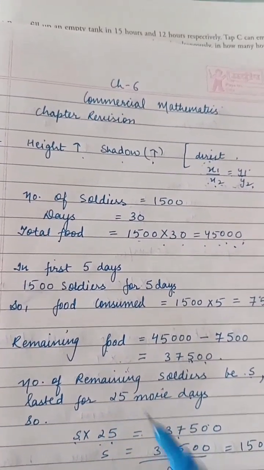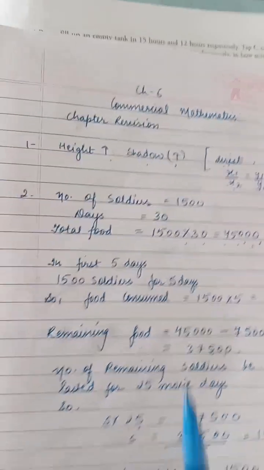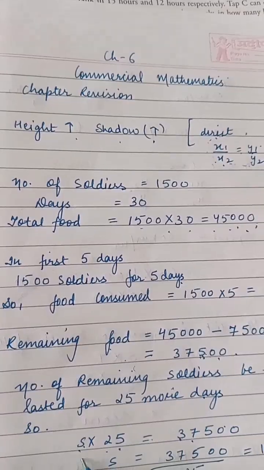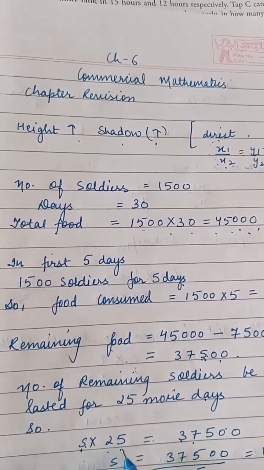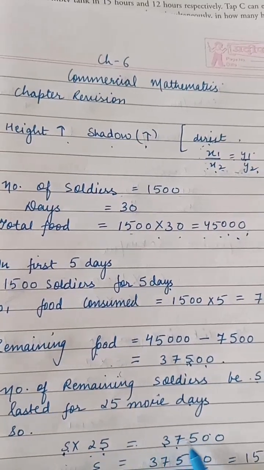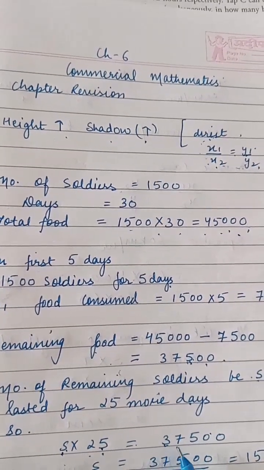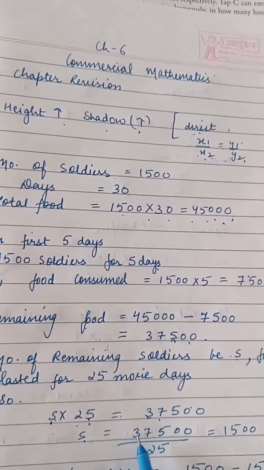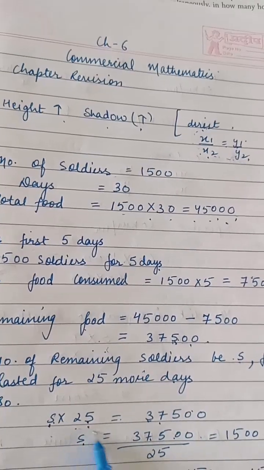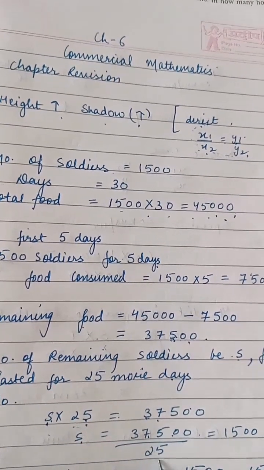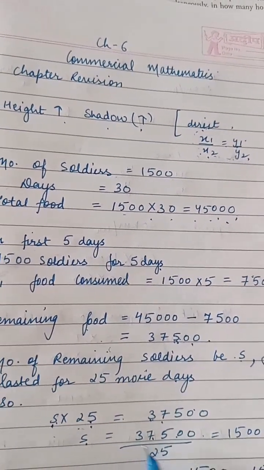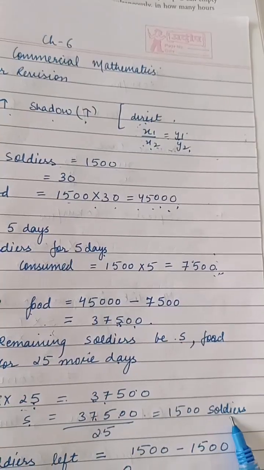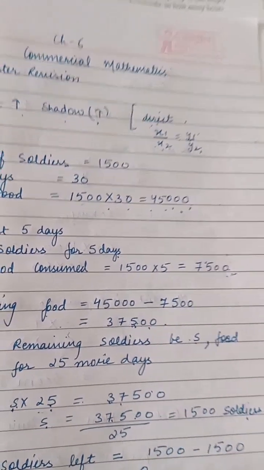So S multiplied by the number of days equals the food consumed, that is 37,500. Now the number of soldiers will be 37,500 divided by 25. If we cancel them out, 25 15s are 375, so 1500 soldiers were there still.